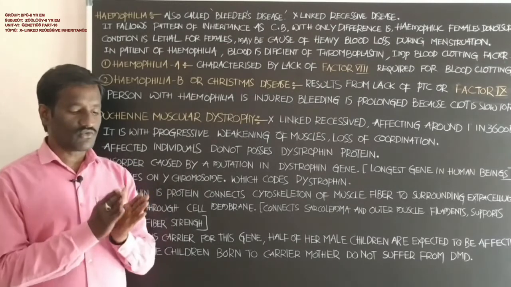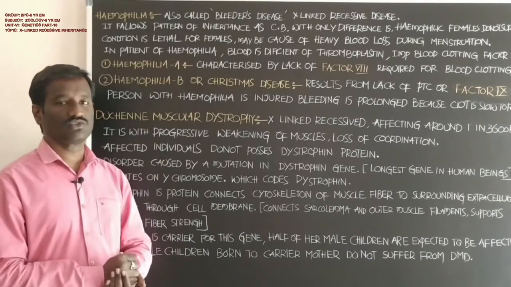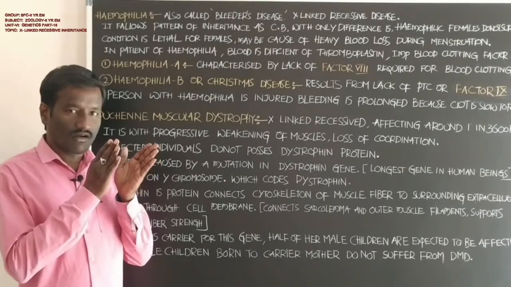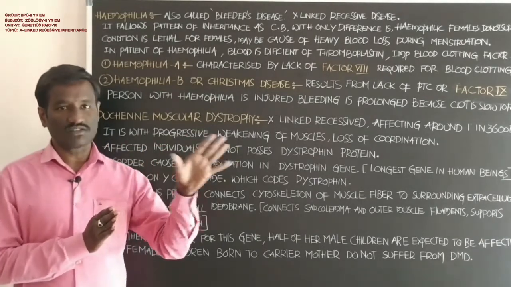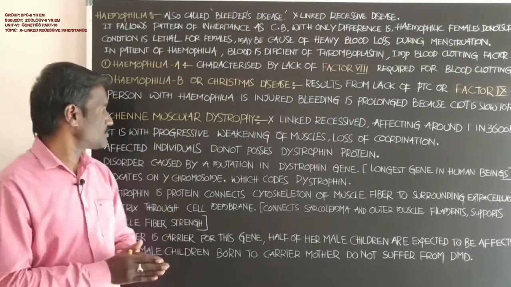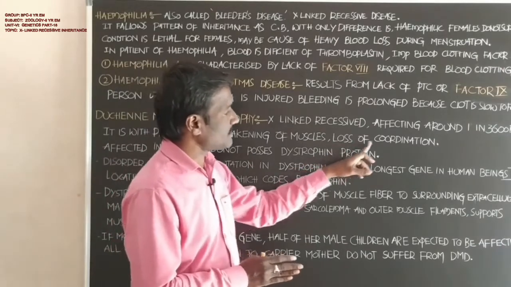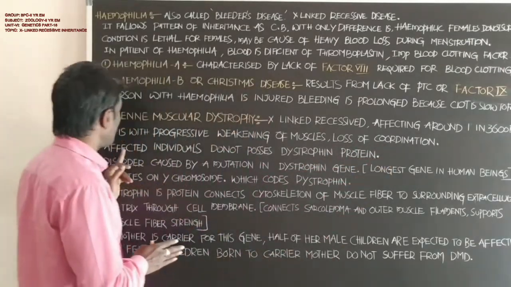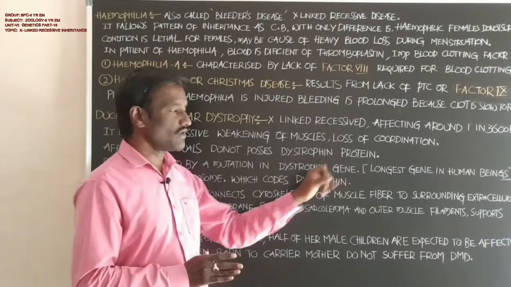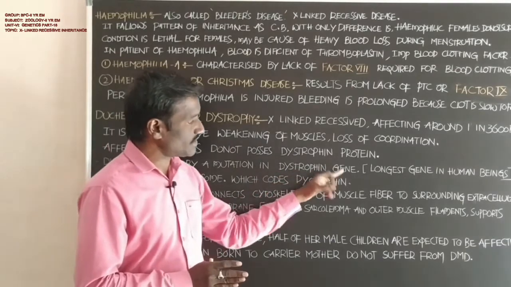Dystrophin protein is not coded or available in the muscular tissue, which causes progressive weakening of the muscles and loss of coordination, and the affected individual does not possess dystrophin protein. The disorder is caused by a mutation in the dystrophin gene.